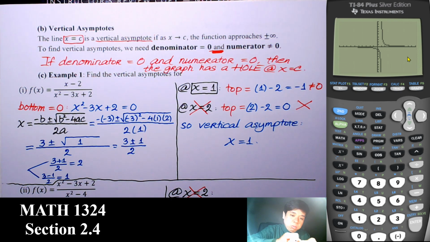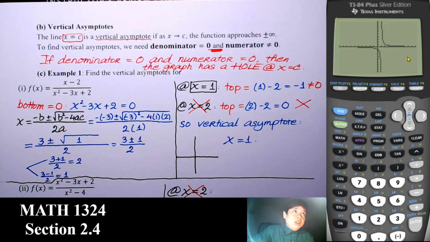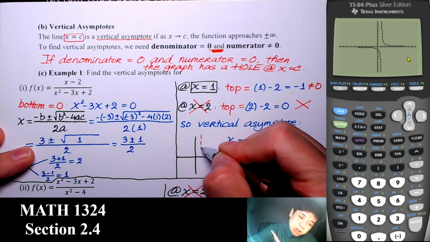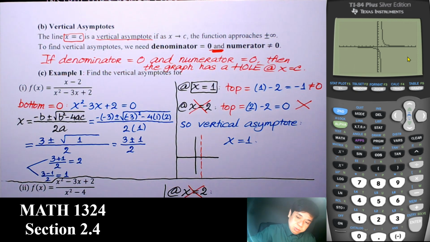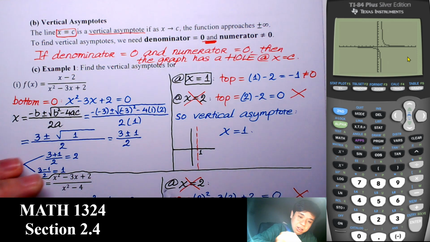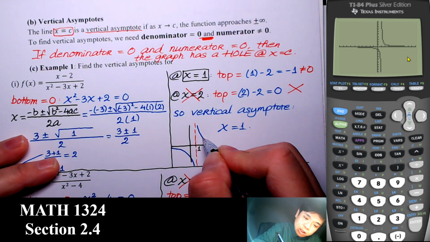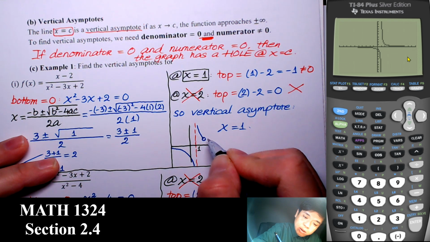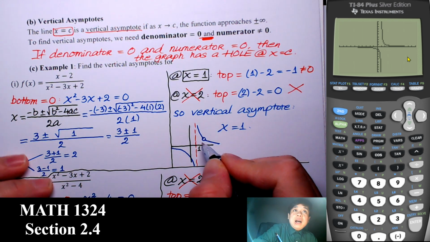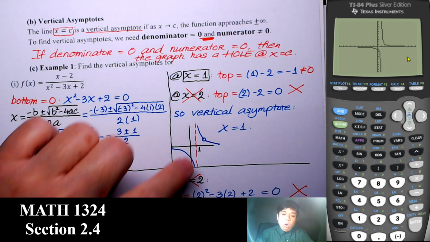So if you want to sketch this again, it will have the vertical asymptote at 1, so it goes like this. But at 2, it will have an open circle. That's what happens when both the top and the bottom equal 0. We have a hole on the graph.